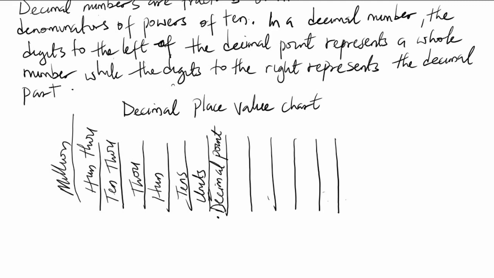We come over to the decimal part. This is tenths, hundredths, thousandths, 10,000ths, 100,000ths, millionths.